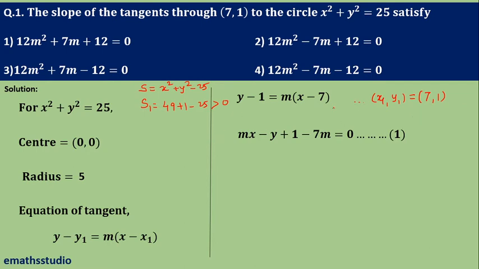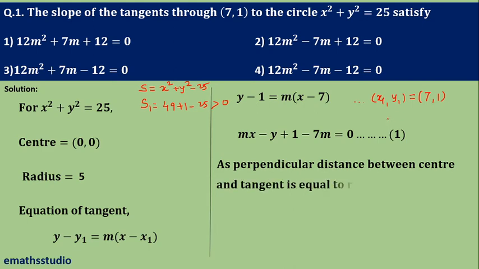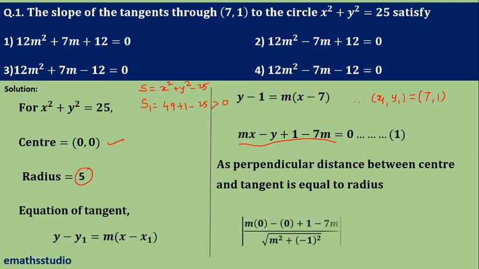What I have done is I have just reshuffled the terms and written this equation as the equation of the tangent where m is unknown. Now, as this is a tangent, we have studied in theory that the perpendicular distance between the center and the tangent is equal to the radius. So I am determining the perpendicular distance between this tangent and the center of the circle, and we will equate it with the radius.